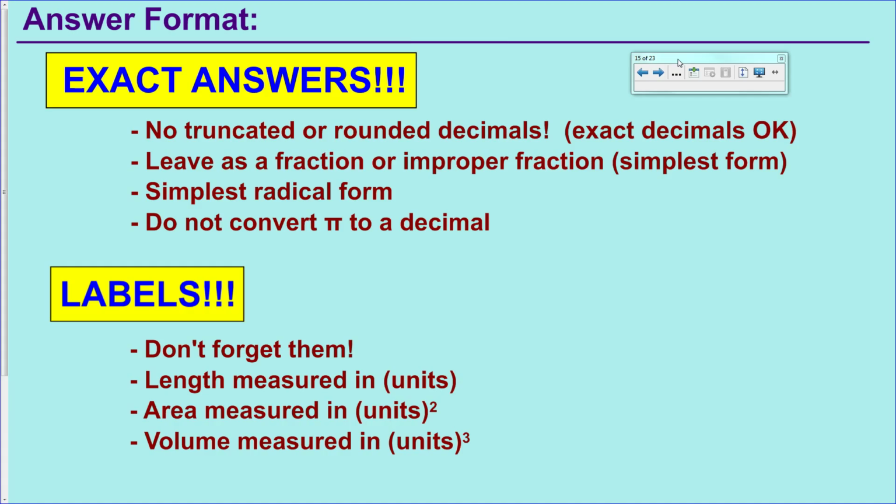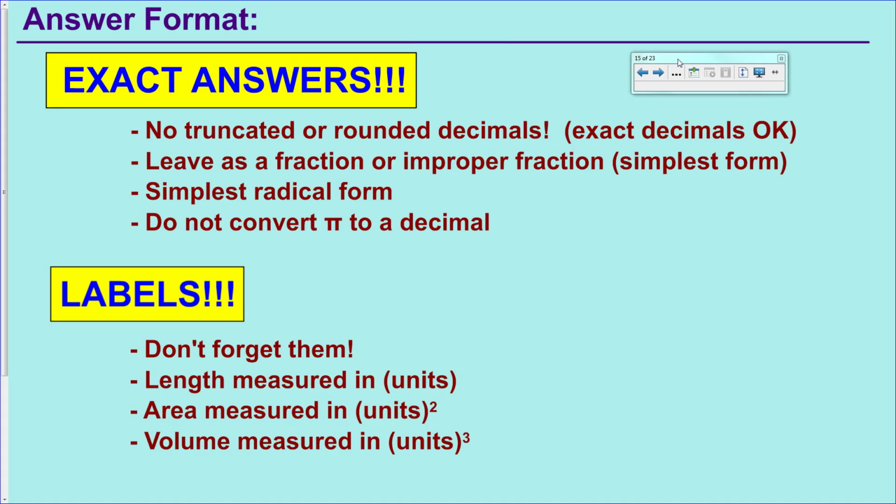We're going to express every answer that we have that might be a repeating or an irrational decimal as a fraction or an improper fraction. Or if it contains a radical, you have to put it in simplest radical form. Or once we get to circles, you're no longer going to be allowed to convert pi to a decimal.